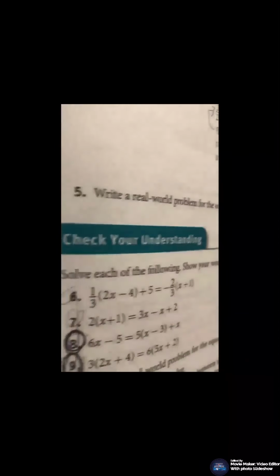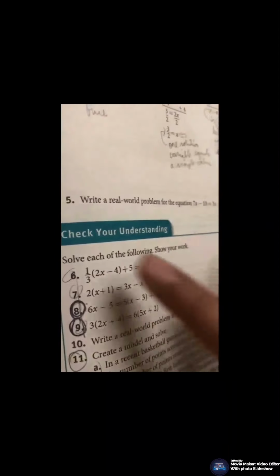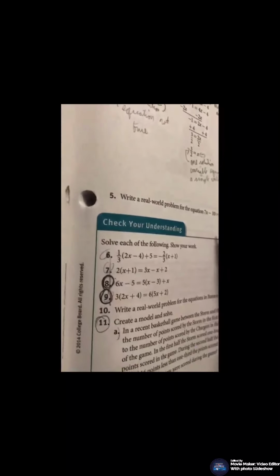And for number 5, it says write a real world problem for the equation 7x - 10 = 3x + 4. I'm pretty sure you guys could do that. It can be any; you have examples of real world situations in the previous page of 1, 2, and 3 on page 126, so you guys could take any of these and use them as problems here.